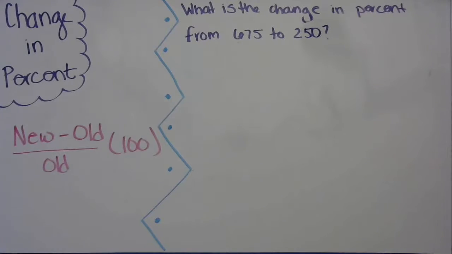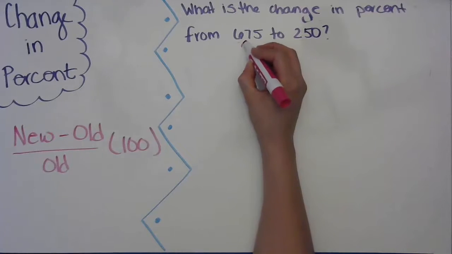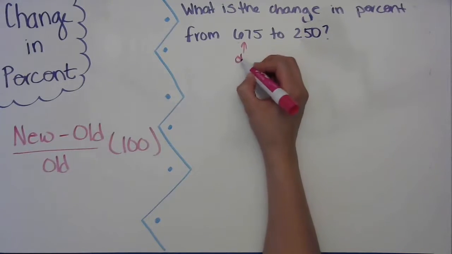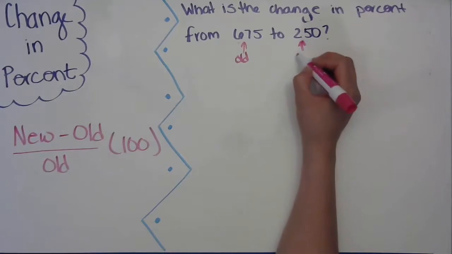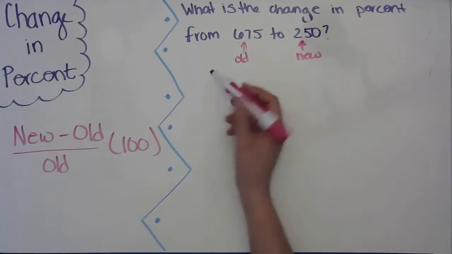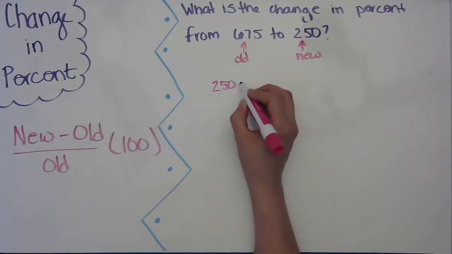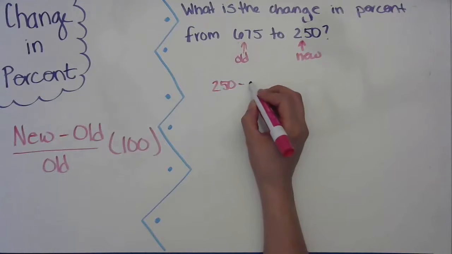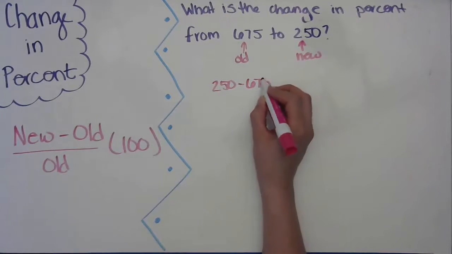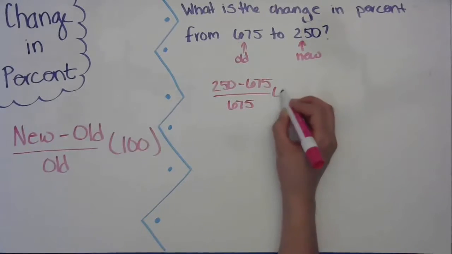Let's do another example. What is the change in percent from 675 to 250? Just like before, this is going to be our old value, and this is going to be our new value, because we're going from this number to this number. So let's go ahead and plug those in. We'll have 250 minus our old value of 675, divided by old 675, times 100.